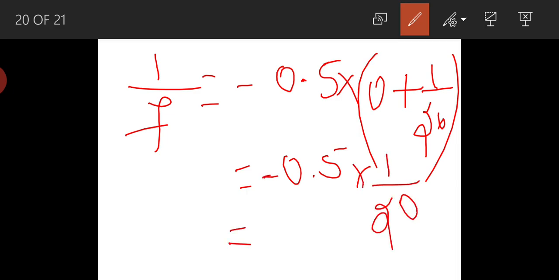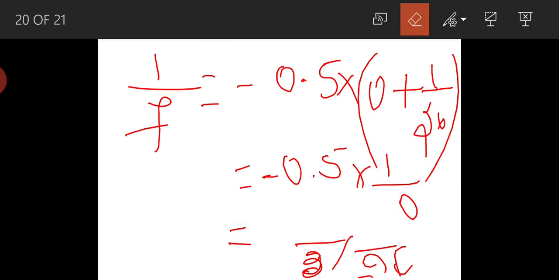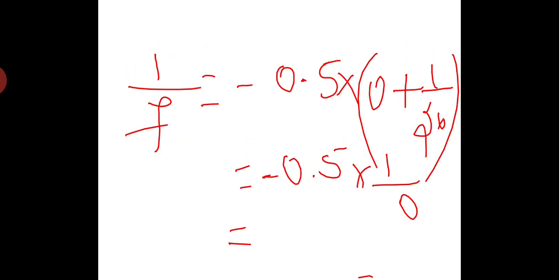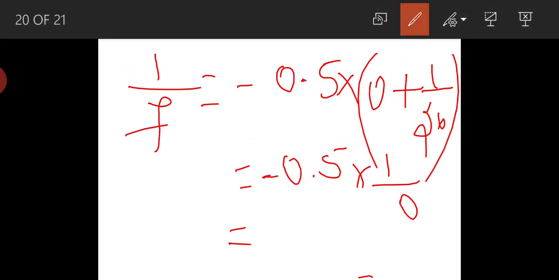So minus 0.5 can be written as minus 1 by 2 into 1 by 20.